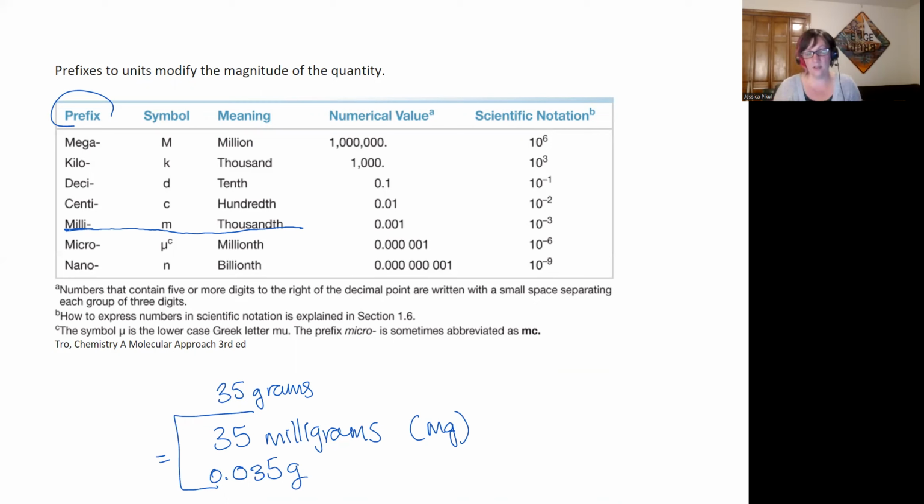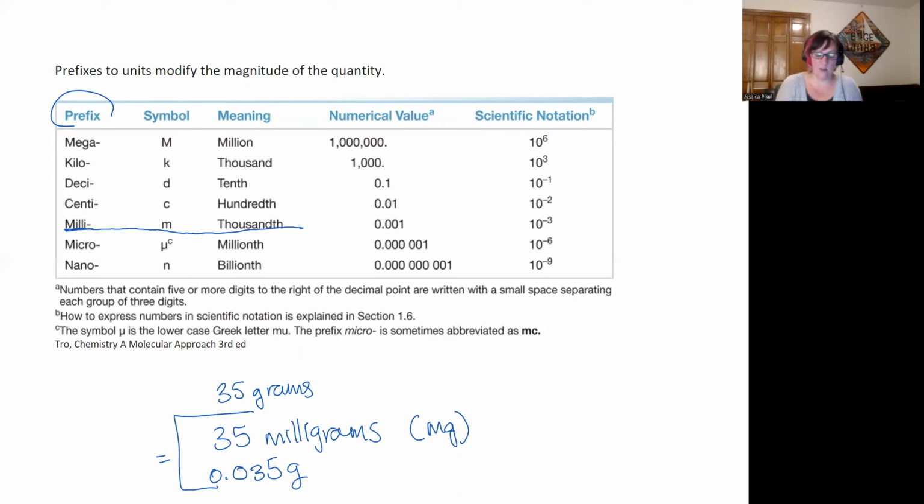Things could also be really big too. When we talk about kilograms, those are going to be 1,000 times bigger than a gram. So 1 kilogram would be equal to 1,000 grams. These prefixes are a way of allowing us to report an easier to digest number, and make the unit fit the magnitude of it instead. So we can talk about really tiny things in nanograms or nanometers, and we can talk about really big things in megameters or megagrams.